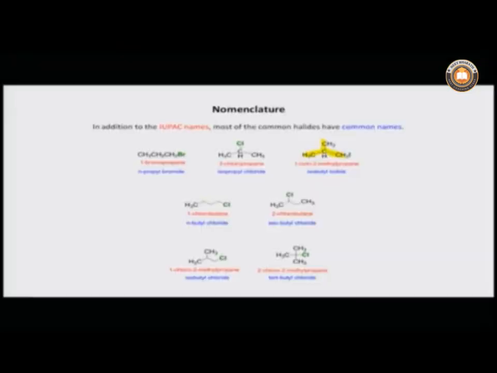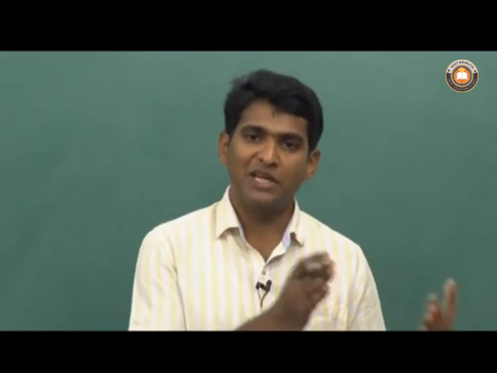So this compound here is 1-chlorobutane, and its trivial name is n-butyl chloride, or normal butyl chloride. A careful look at these names would suggest that while all the IUPAC names look like haloalkanes, the trivial or common names correspond to alkyl halides. They name the alkyl group first, followed by the halogen as a halide.